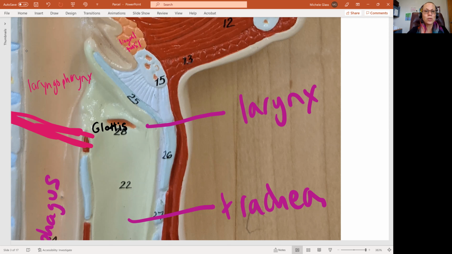And when we swallow food, we don't want food or water going into the airway, going into the respiratory tract. And so we have this flap of tissue called the epiglottis, which is going to close over that opening, preventing the movement of food and water into that respiratory tract.